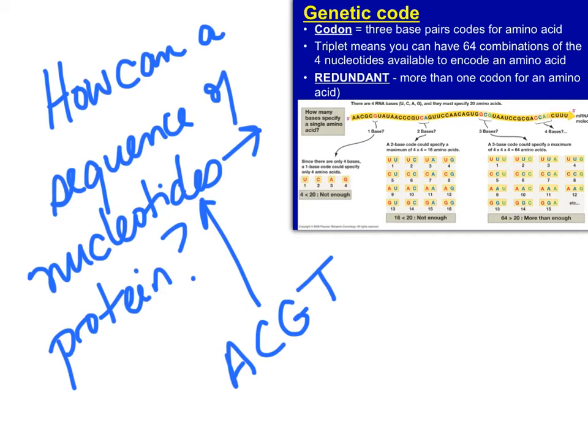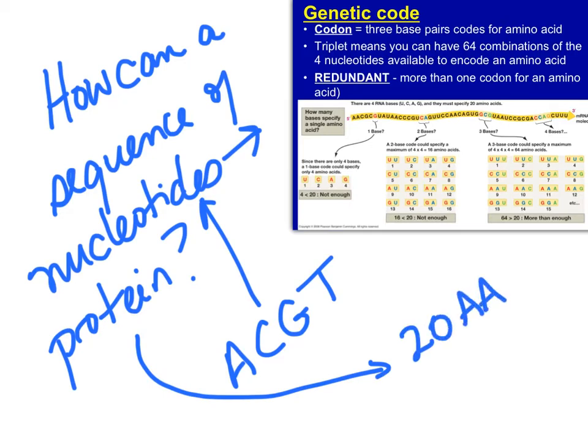And in proteins, what do we know we have? There are 20 amino acids. So how can any individual nucleotide encode for an amino acid?